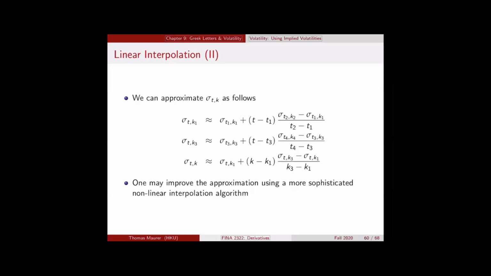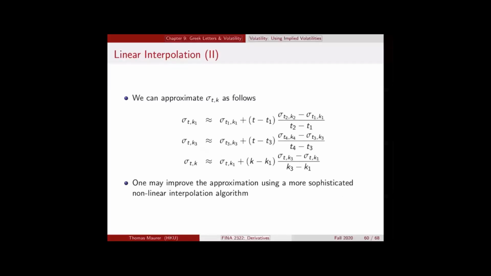The first thing I have to figure out is the slope of this linear line. The slope is going to be given just by the difference between sigma T2 and sigma T1 divided by the difference between T2 and T1. And this is this thing over here. So it's the difference in the volatility, sigma T2 minus sigma T1, divided by T2 minus T1.